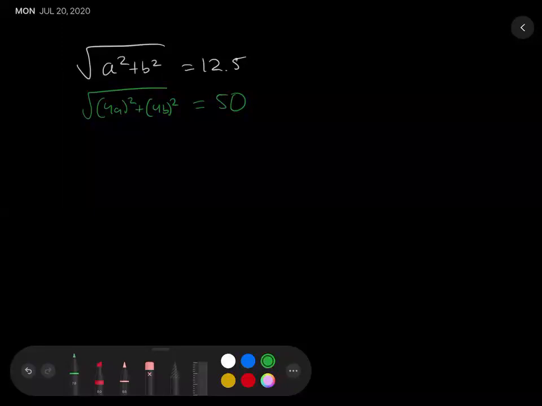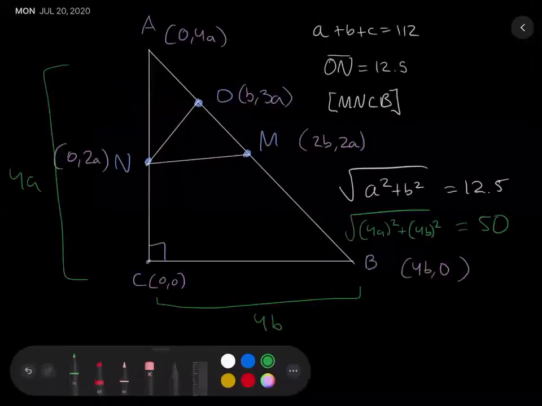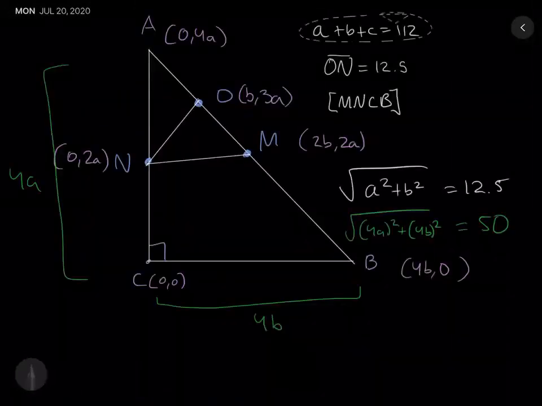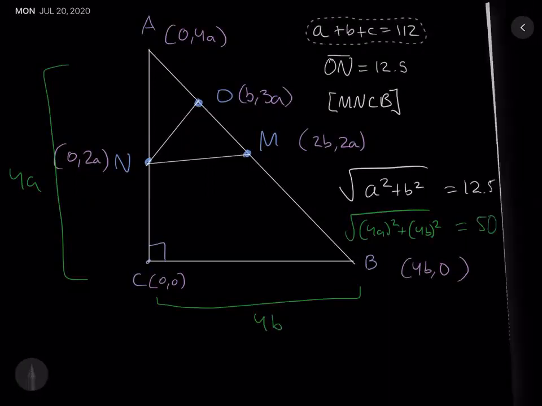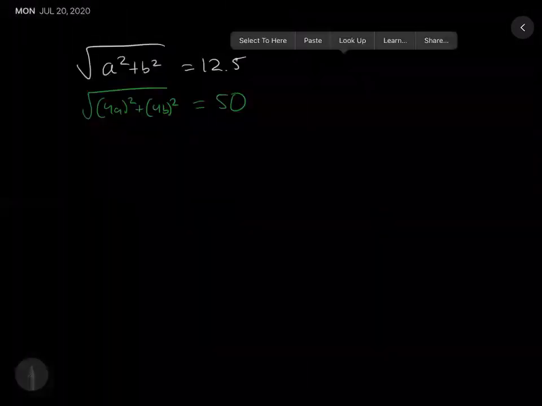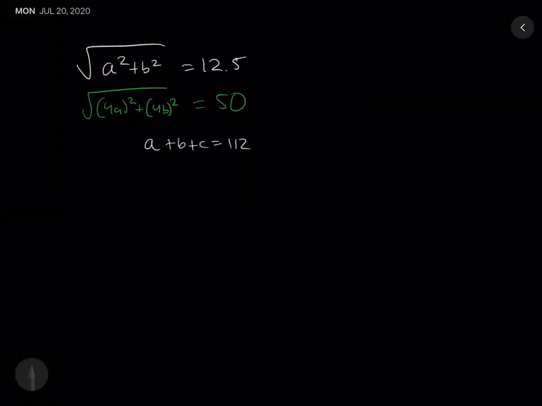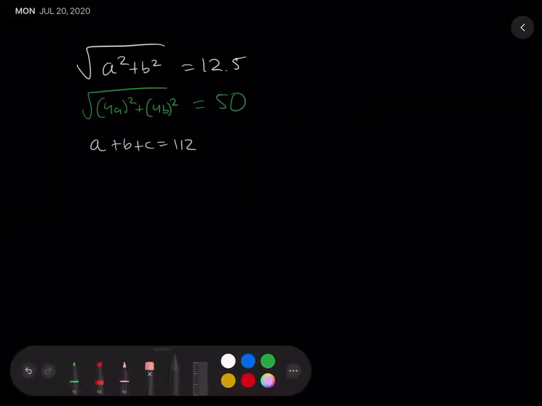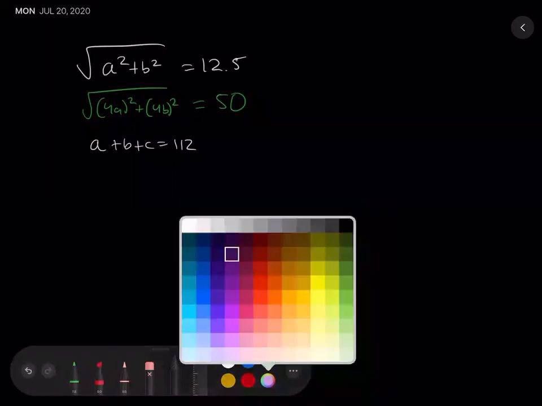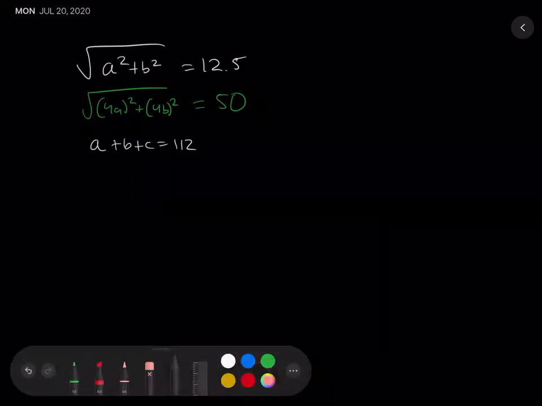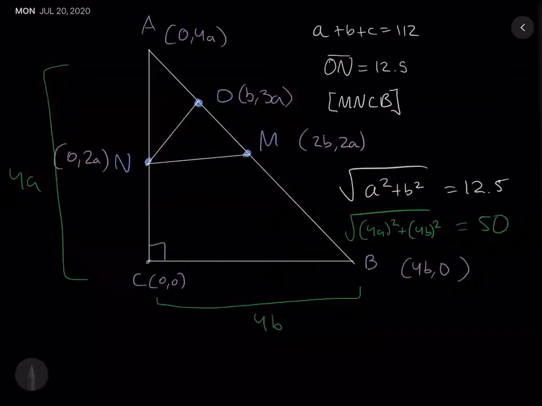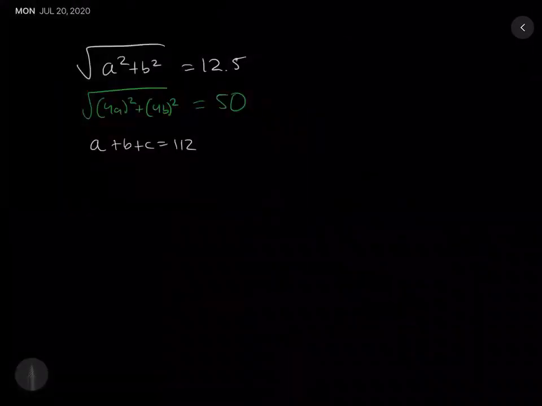So you know that A plus B plus C is 112. Let's copy that over. So for A plus B plus C, we know what AB is, which is 50, as we just saw.